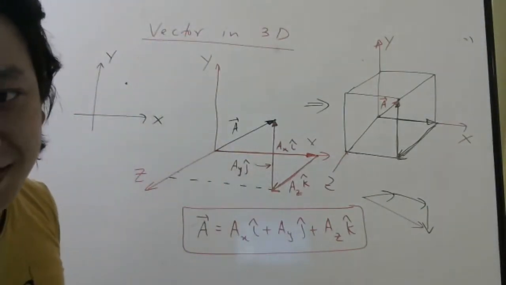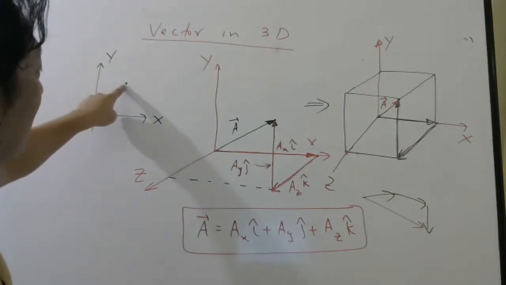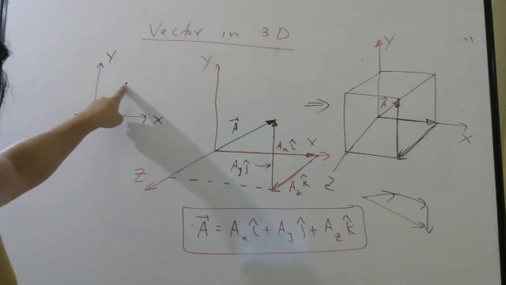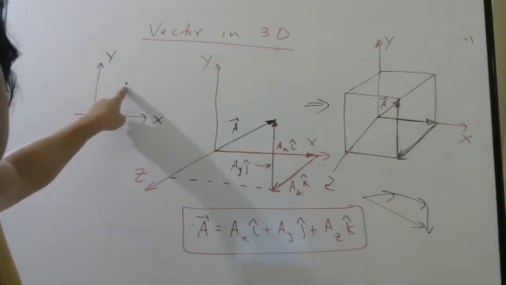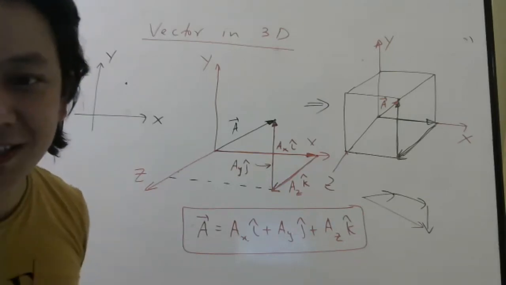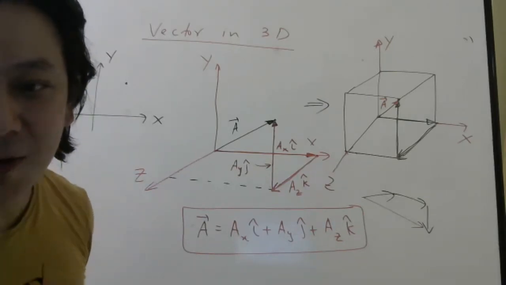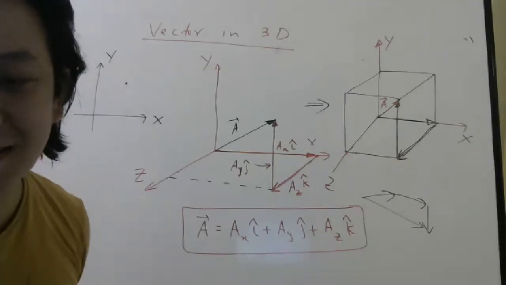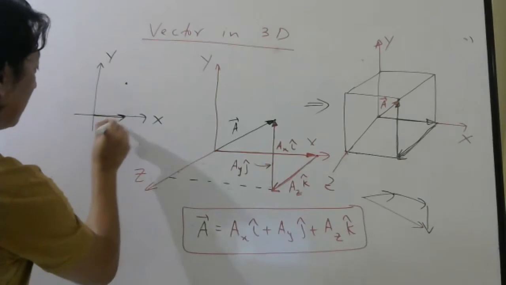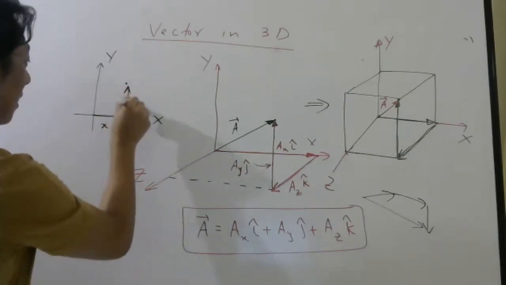Quickly tell me. How many coordinates do you need to know the position of this point? Channa, can you tell me? If a point is in the XY plane, how many coordinates do you need? Two coordinates, right? This is one coordinate X, this is one coordinate Y.